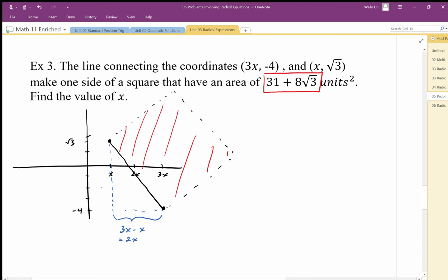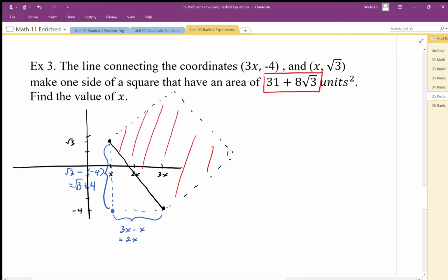And the vertical length here, well, we just subtract those, so we can go root 3 minus negative 4. So if I want to find the distance in the coordinate plane, I subtract. So that distance here is going to be equal to root 3 plus 4.